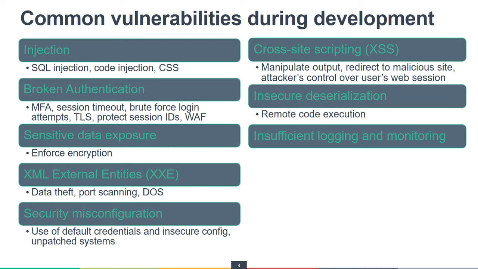Insecure deserialization occurs when an application or API takes an untrusted stream of bytes and reconstructs it into a potentially malicious file. So this is more dangerous.